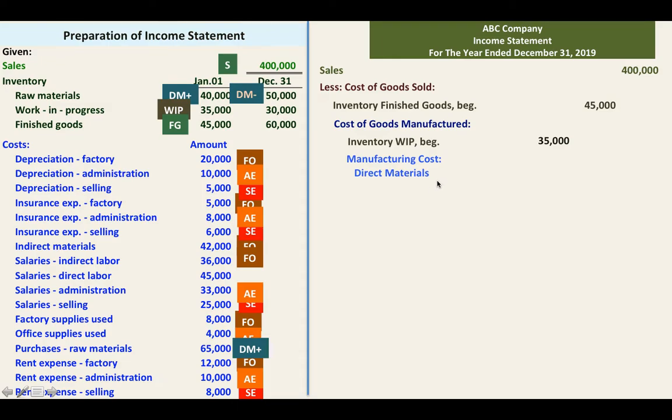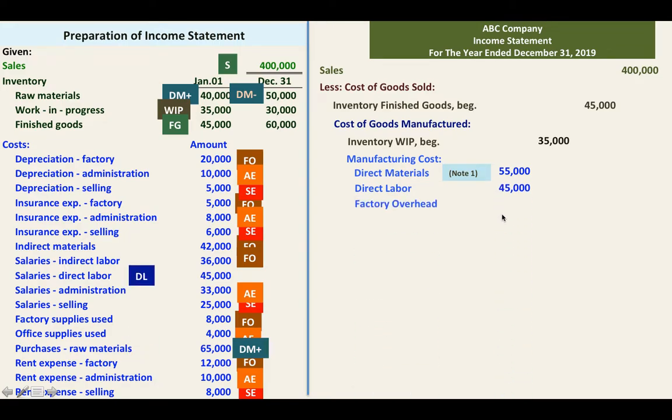We already calculated this when we prepared the schedule, or the note 1, for our raw materials. Again, direct materials and raw materials are synonymous. So in that, we were able to get the total of 55,000 from our note 1, which is for raw materials or direct materials. And then we have to add direct labor. So here, it is a straightforward thing that the amount of direct labor is 45,000. So we have to add that direct labor of 45,000.